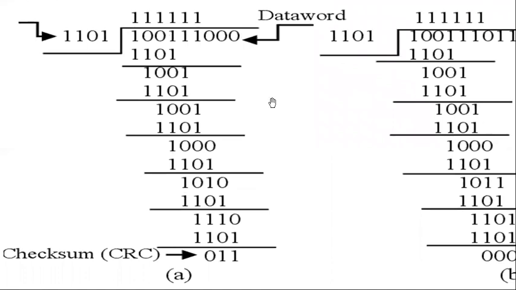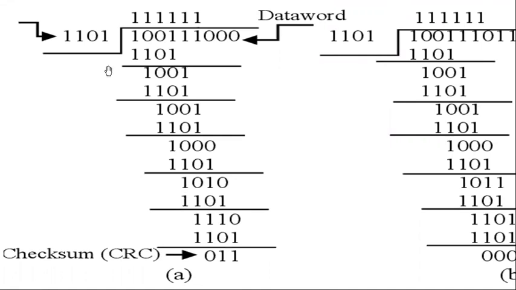So over here, we are taking a data word as 101110, and we are dividing it. The divisor is 1101. Now how do we perform this?